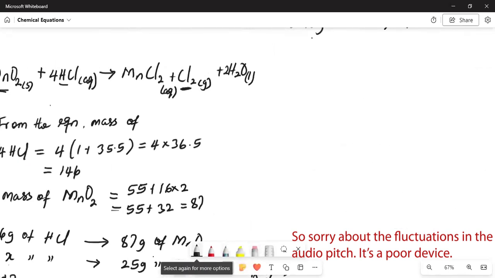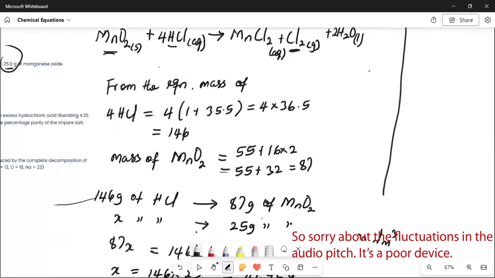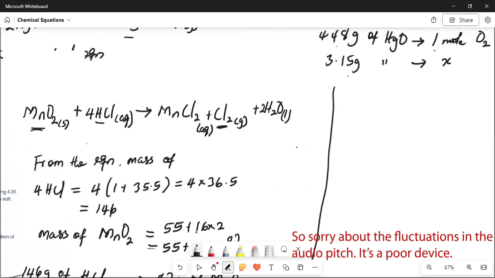As I said, from the reaction, we calculated the mass of manganese oxide in this balanced equation, it is 87. Now, the mass of chlorine, this is 2 atoms of chlorine. Here, the mass of chlorine, Cl2, is 35.5 times 2, which is 71.